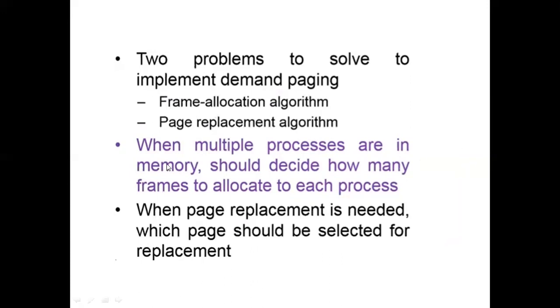So what does it mean? When multiple processes are in memory, we should decide how many frames to allocate to each process, such that you still have empty frames. Or when a page replacement is needed, which page should be selected for replacement. Selecting the victim is not done in a random way.